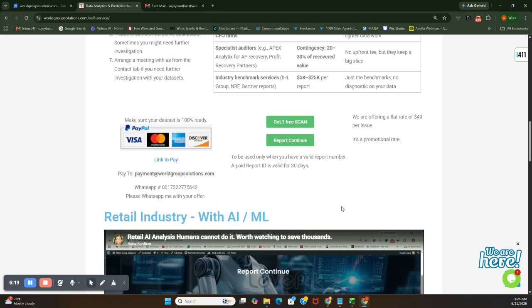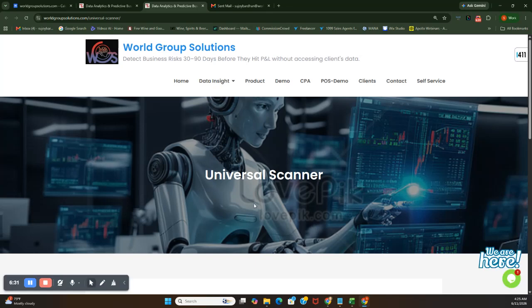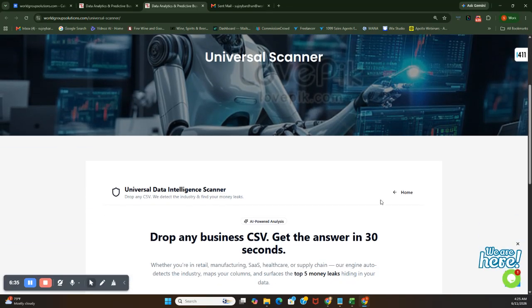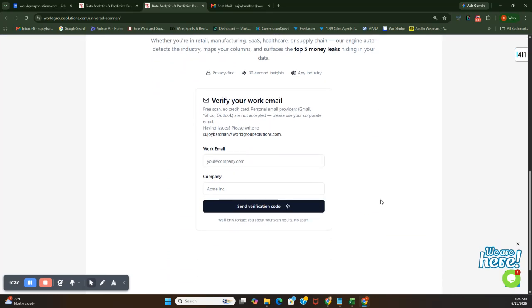For the general ones, like the one you're looking at here, you can use this type of scan. Get one free scan, so you click on that. Once you get into that, it will take you to a scanner, which we call the universal scanner. Once you get to the universal scanner, this is my email address, but you should be using your own email address.